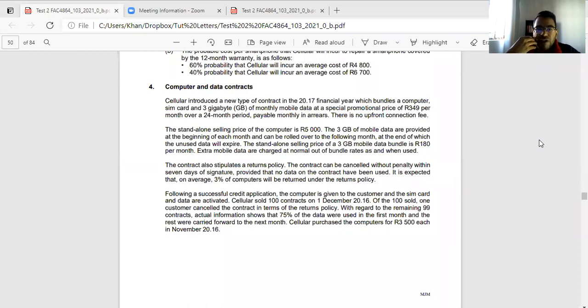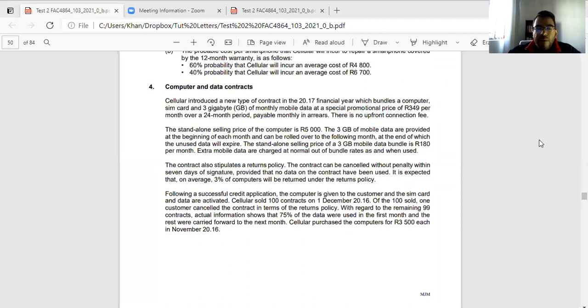Okay, so let's assume 1 January 2017 the contract starts. So on 1 January 2017, you'd get the computer, the physical computer. But how are you receiving the consideration? You're receiving the consideration over a 24-month period.